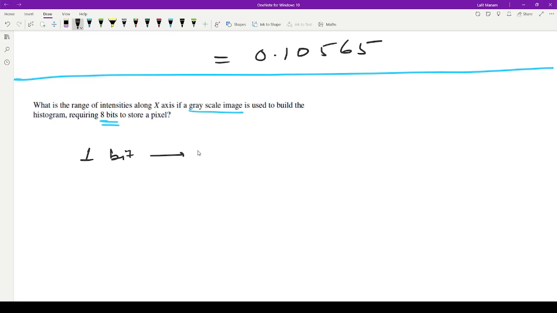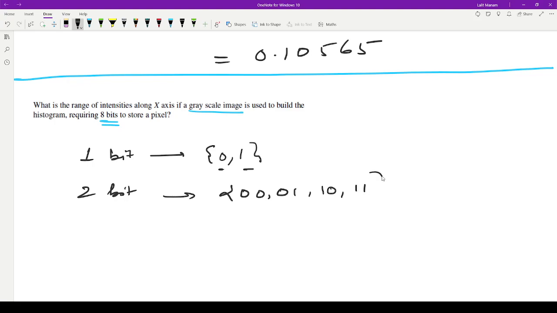256 combinations. Okay. So for 1 bit, how many different values can you store? You can either store 0 or 1. So the bit can only store 0 or 1. If we have 2 bits, it's 4 combinations: 0 0, 0 1, 1 0, 1 1. So it is just 2 to the power of the number of bits.